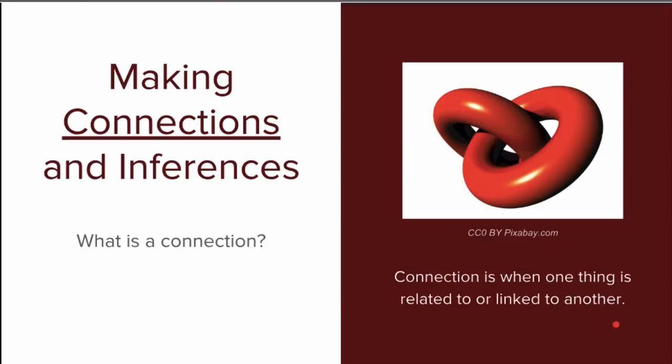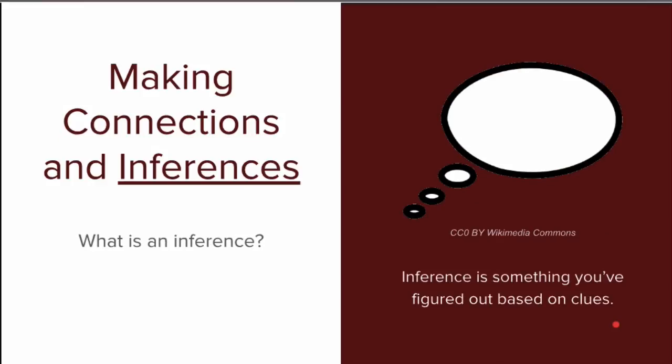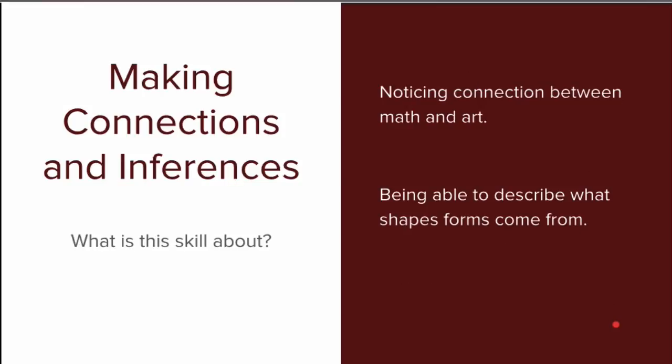The other skill that I mentioned is making connections and inferences. So what is a connection? A connection is when one thing is related to or linked to another thing. And an inference is when you've figured something out based on its clues.